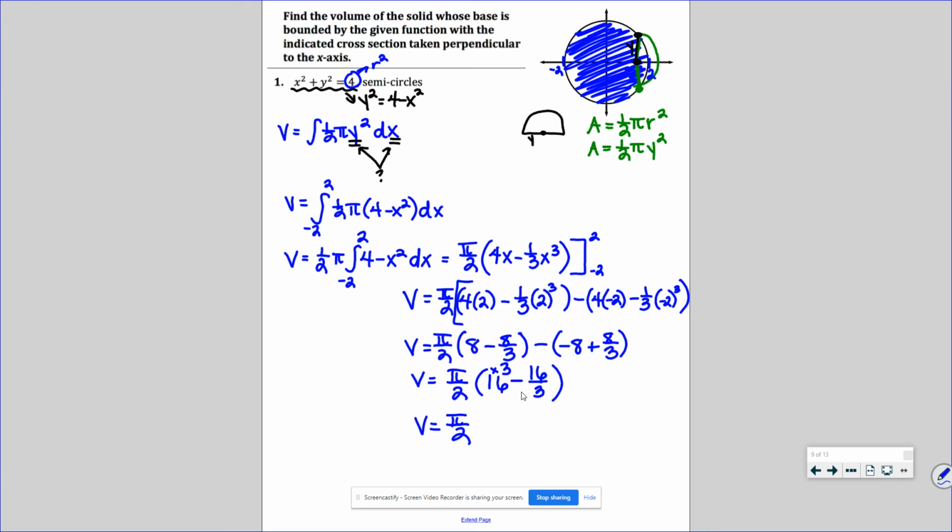So we would have 48 minus 16, which is 32/3. And then we could just do top times top, bottom times bottom. Both of these can be divided by 2. So we get 16 pi divided by 3.